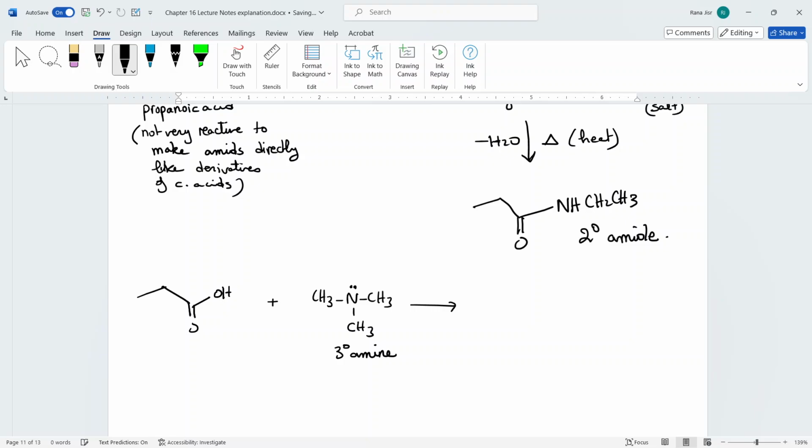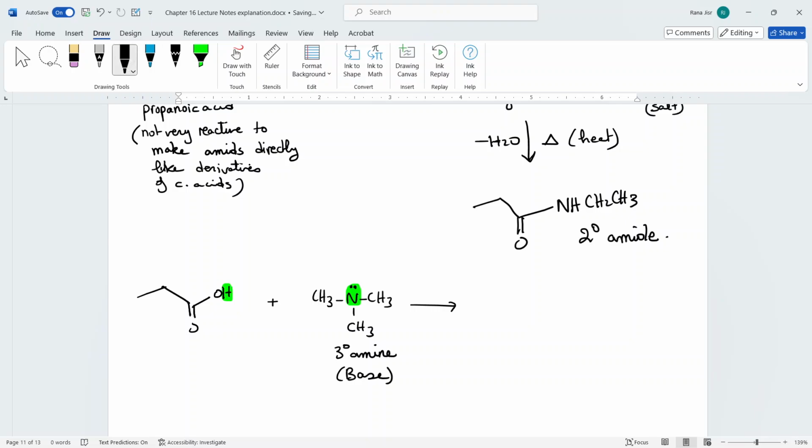Now that tertiary amine doesn't have hydrogen atoms on that nitrogen in there, but it is a base. It behaves as a base. Why is it a base? It is a base because the nitrogen has a lone pair. So this is going to be the basic part. So I can apply the rule that bases will take the acidic hydrogen.